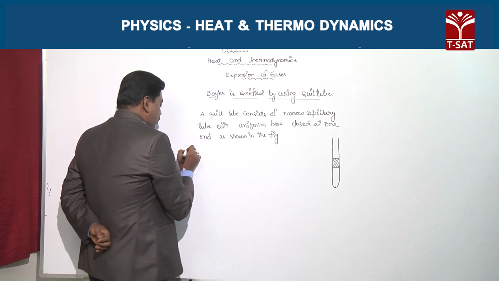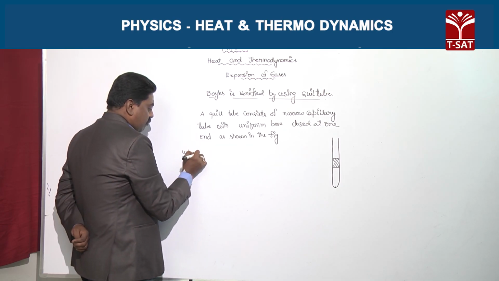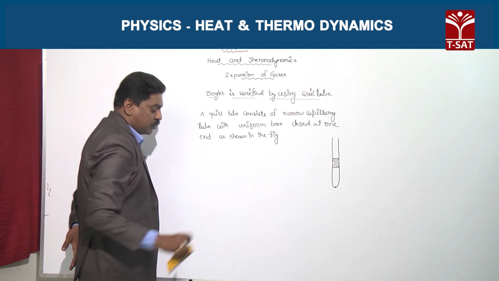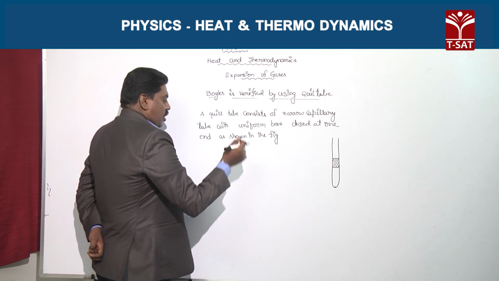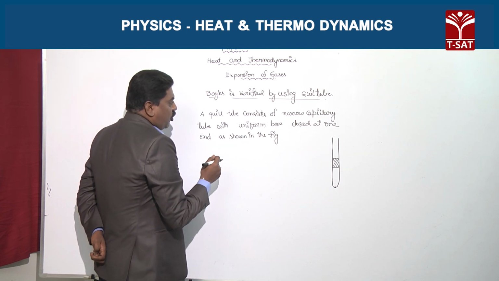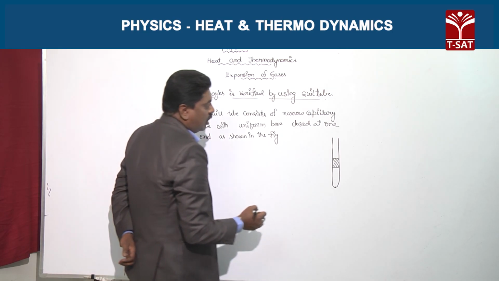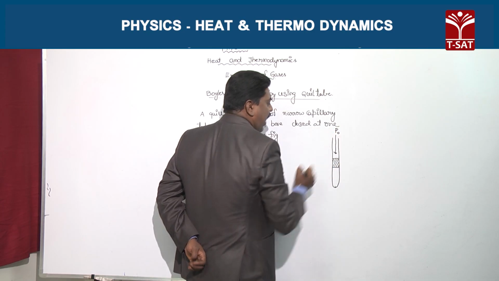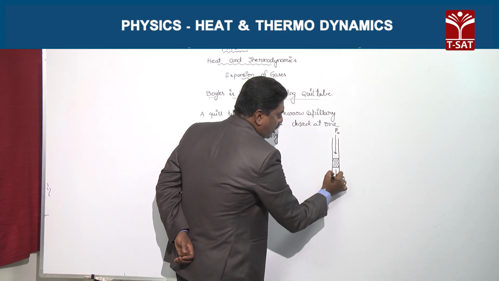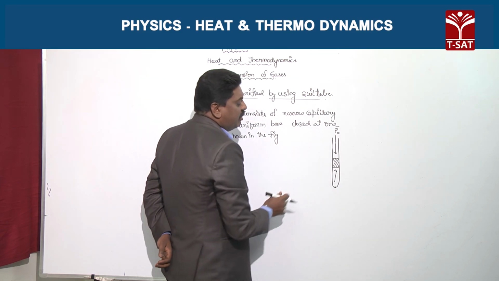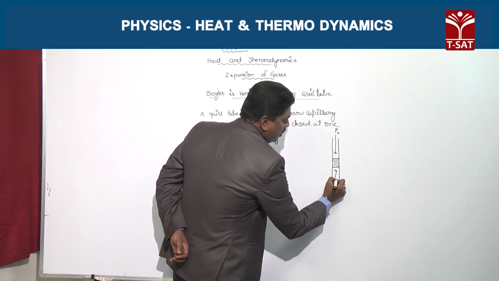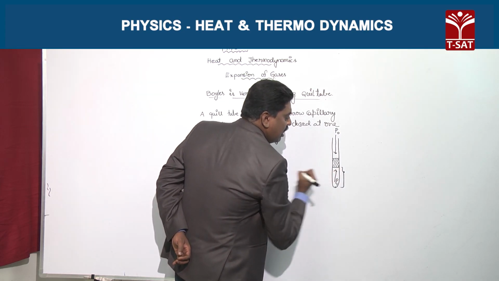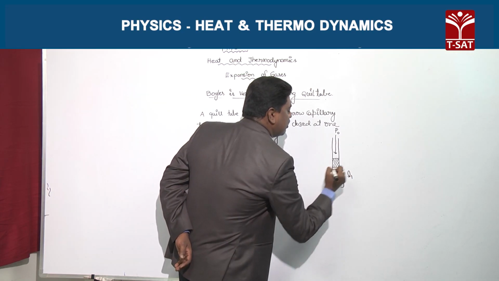When the quill tube is in vertical position, the atmospheric pressure P0 is acting on the mercury, and the air trapped between the mercury pellet and the closed end applies a pressure P1. Let the length of the air column in this case be L1.